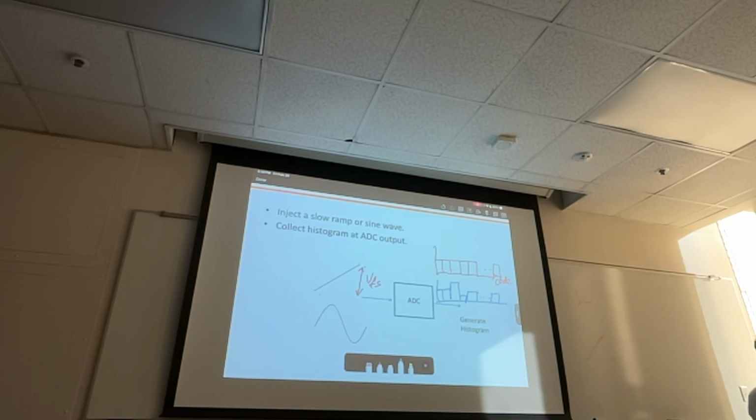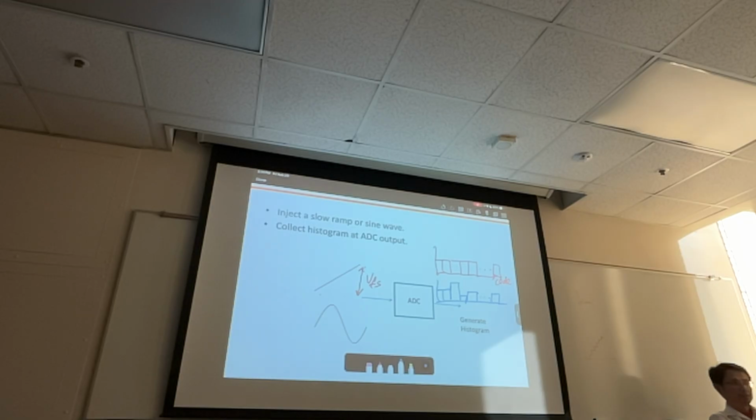Now in Cadence, can I send in the ramp? You can, right? Because you have this signal waveform, you can send in a perfect ramp. In real life, how do I send in a ramp? So let's say you get the ADC, you go to the lab, how do you generate a ramp?